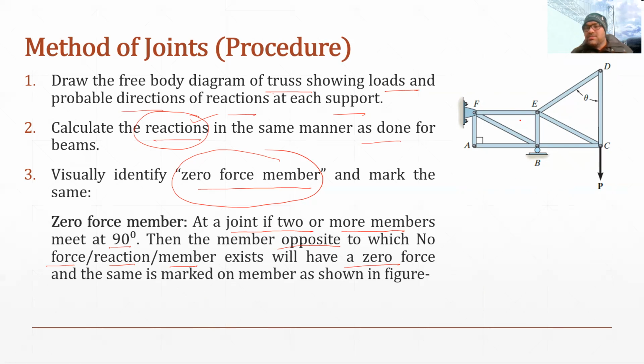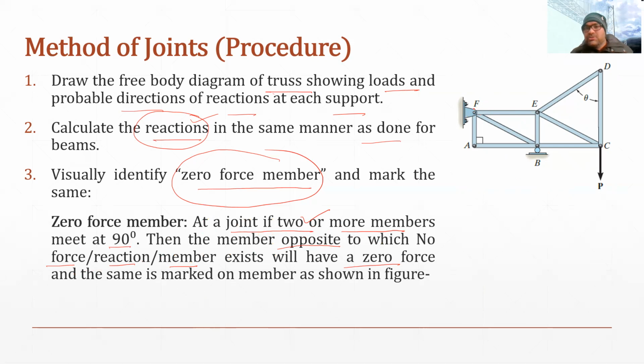Now in this truss, if we have to visually identify the zero force member, how do we identify that? Based on this statement, at a joint if two or more members meet, generally at 90°, then the member opposite to which no force, no reaction, no member exists.